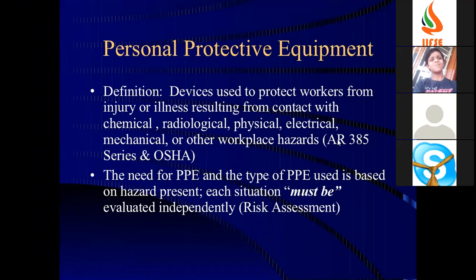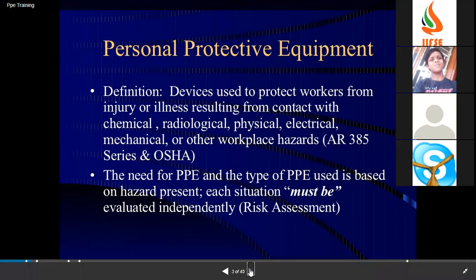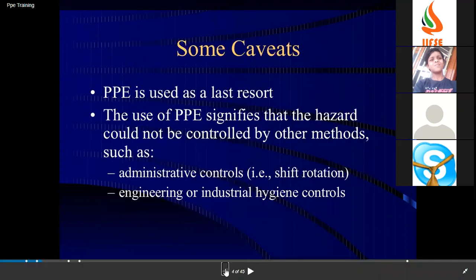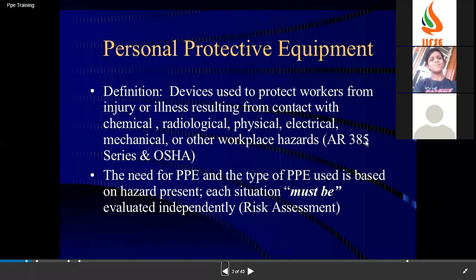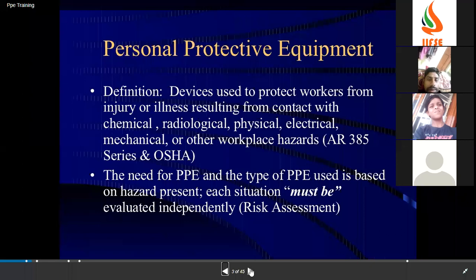No need to write this AR. Sir, can we download this? AR 385 series. Yes, you can. You can search for it on the net. If you type OSHA series AR 385, you can get this PPT. Otherwise, you can get this PPT on SlideShare also. If you have a LinkedIn account, you can download it from SlideShare.